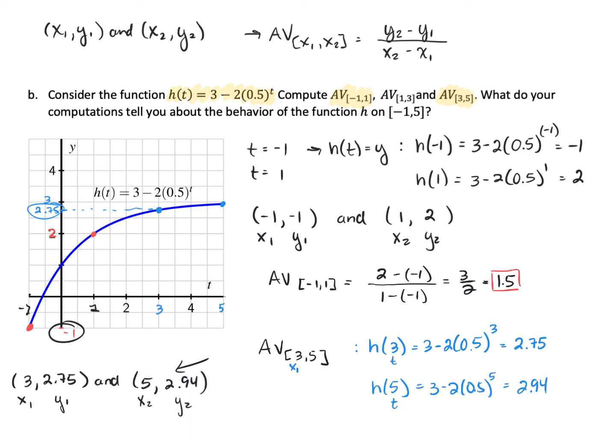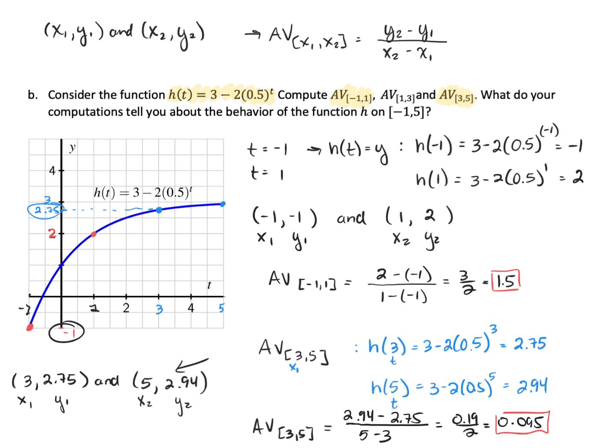Now let's substitute it into the formula to calculate the average rate of change over that interval from 3 to 5. Let's do the x, so 5 minus 3, and that's 2.94 minus 2.75. That should give you 0.19 over 2, which simplifies to 0.095. So that's the average rate of change over that interval from 3 to 5.